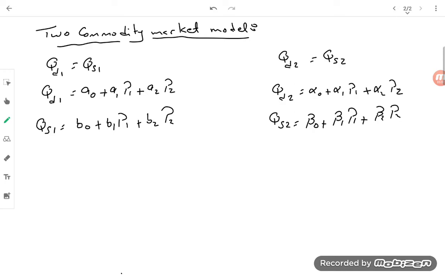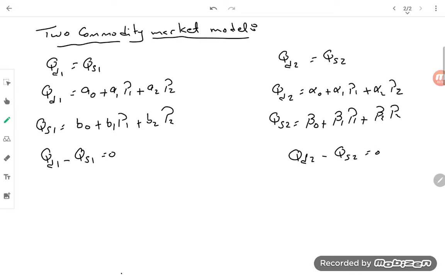So we are going to substitute QD and QS in equation number 1. But we have to rewrite equation number 1 in another form, QD1 minus QS1 equals 0. And here QD2 minus QS2 equals 0.